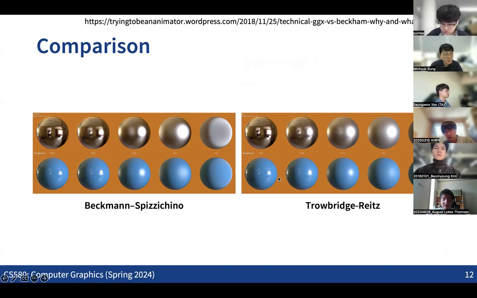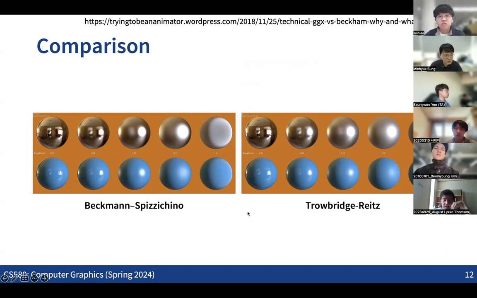So here we only saw how this distribution can vary the normal direction at each point of the surface. But if we also have these bumps over the surface, the other thing that we need to consider is occlusion, because one microfacet can occlude the other one, right?